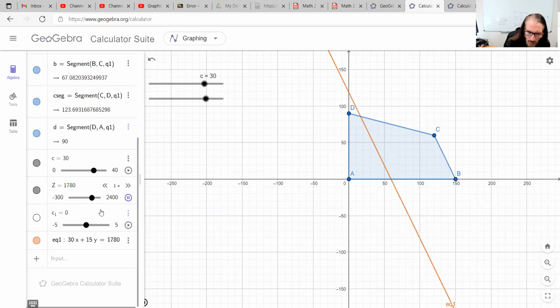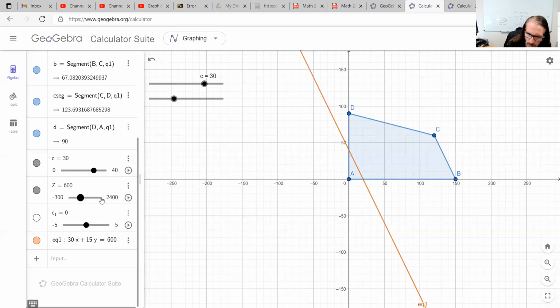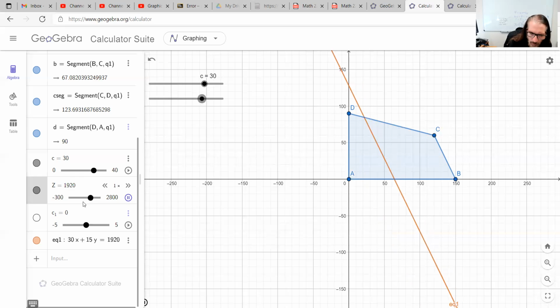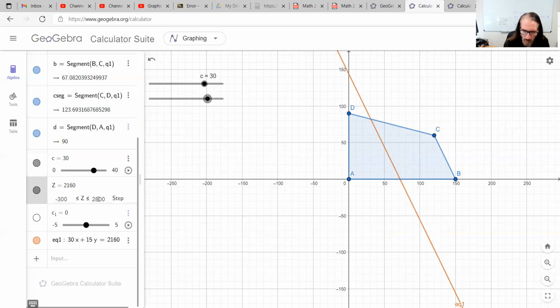Let's move it kind of slowly. Try to give it a bigger value. See what happens now. Go even bigger.